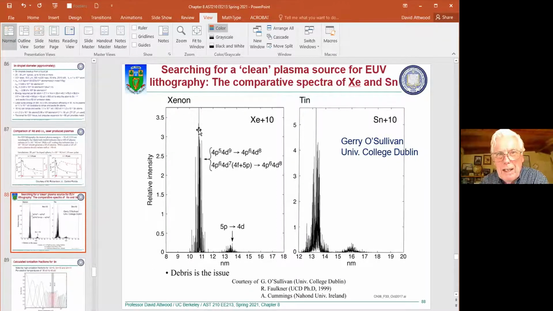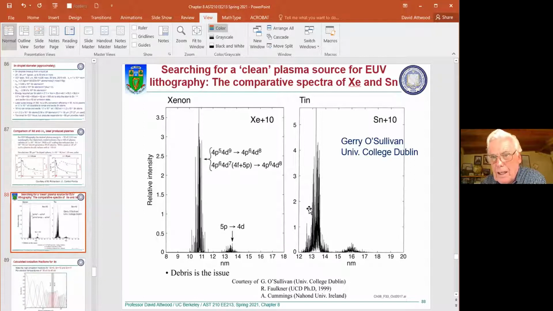But it turns out its peak emission has a gigantic number of lines, around 11 nanometers, which is perfect for moly beryllium. But the companies all decided that they did not want to deal with beryllium threats, and so they went to tin at 13.5. That was their other choice.